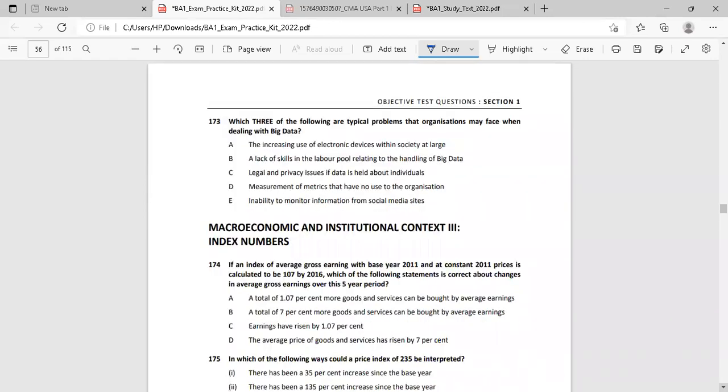Which three of the following are typical problems that an organization may face when dealing with big data? Three have to be selected. The increasing use of electronic devices within society at large.